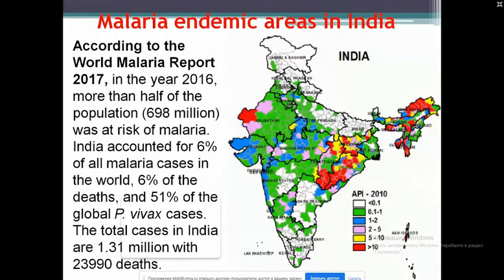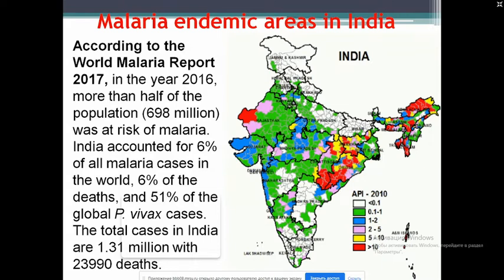According to the World Malaria Report 2017, in the year 2016, more than half of the population, almost 700 billion, was at risk of malaria. India accounted for 6% of cases in the world, 6% of the deaths, and 51% of the global Plasmodium vivax cases. More than half, dear students.